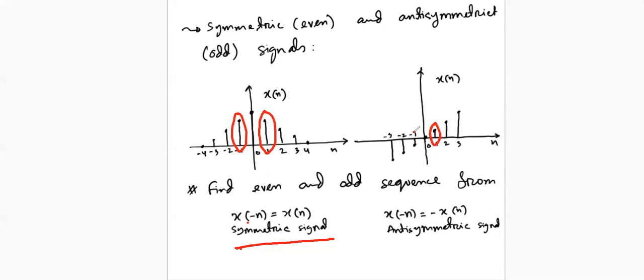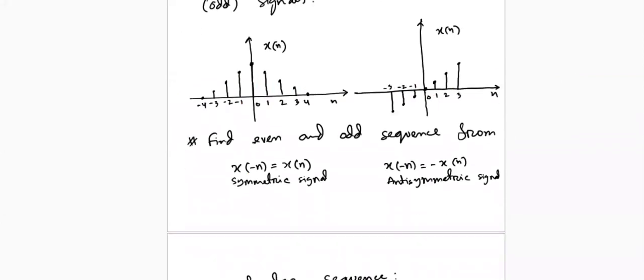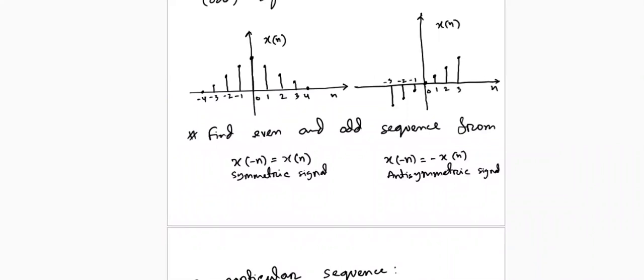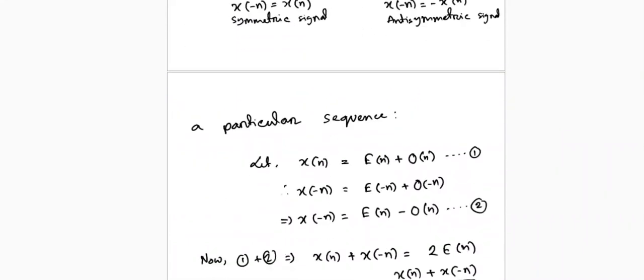This one equals this one, but with a negative sign, negative amplitude. So the sine is equivalent to the odd signal, and the cos is equivalent to the even signal. In future, maybe after the mid, you will need this kind of concept, so it is really important to understand these facts.